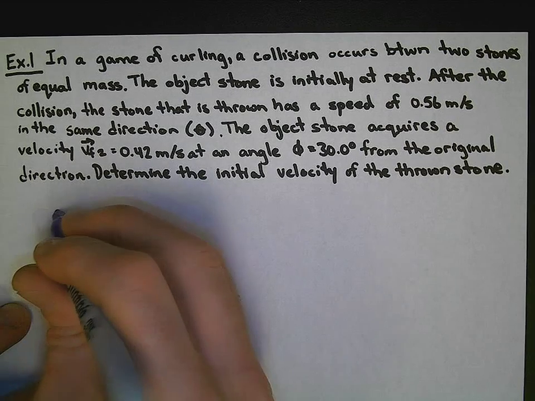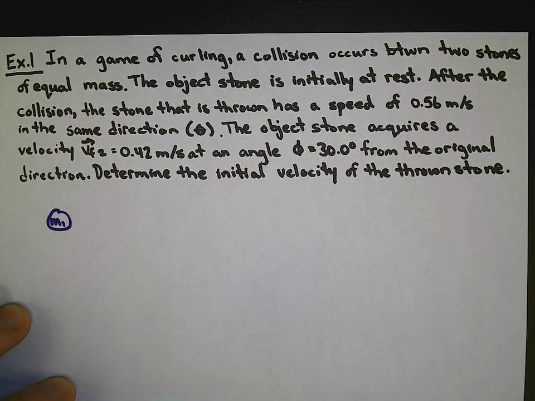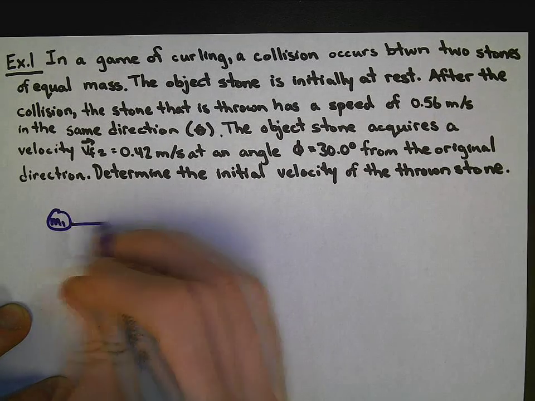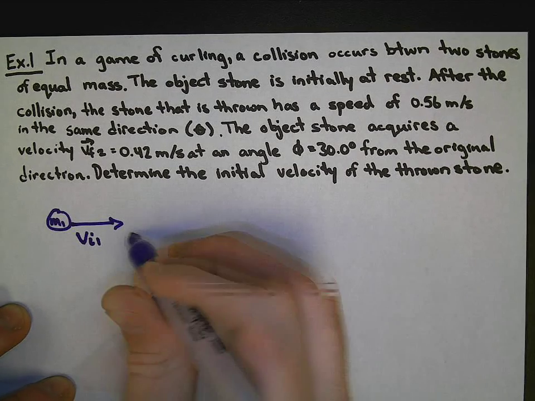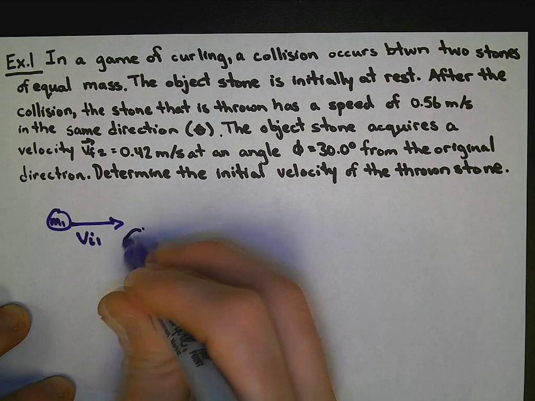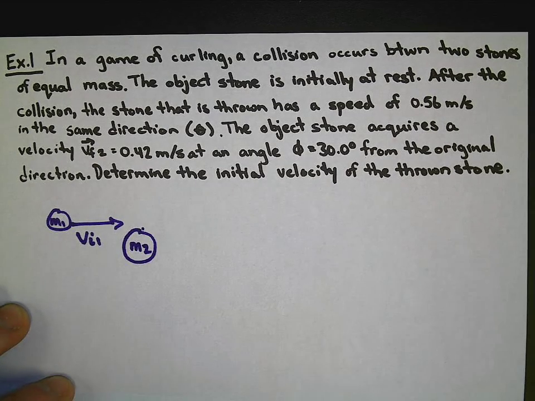So we're thinking about, in this case, we have m1, which was initially thrown at some velocity vi1, and it strikes this other stone of equal mass m2.